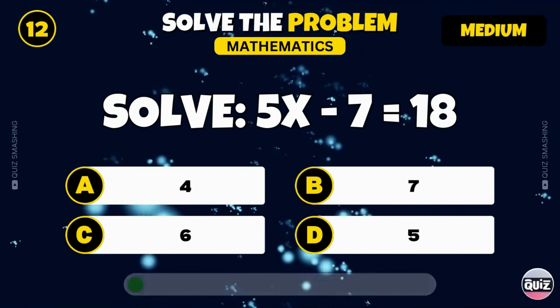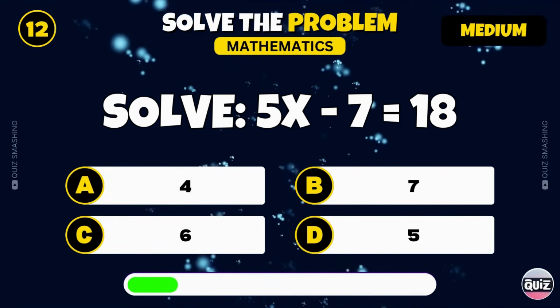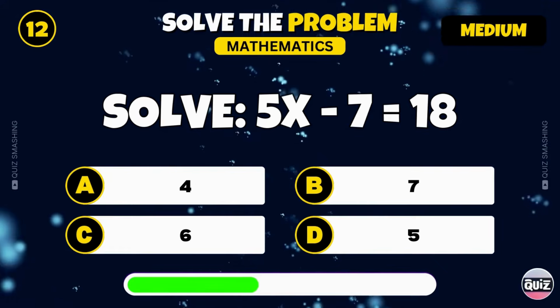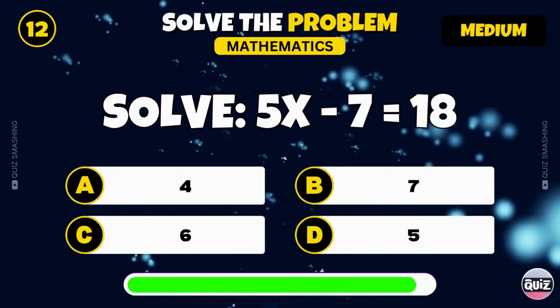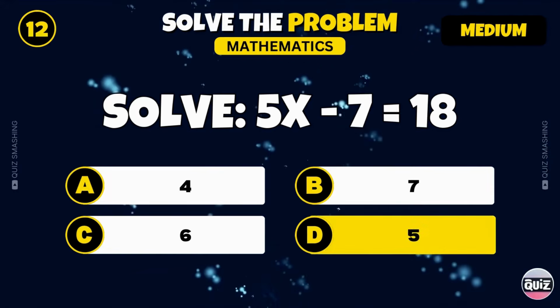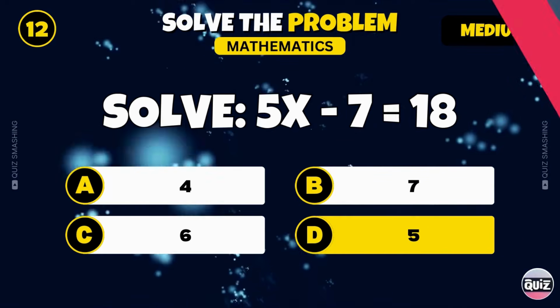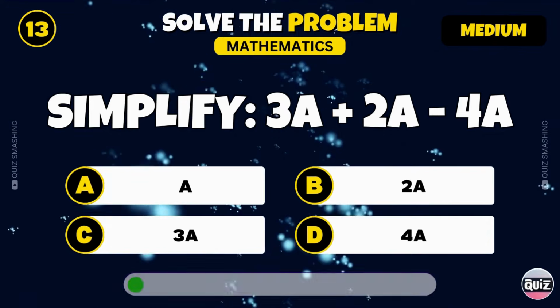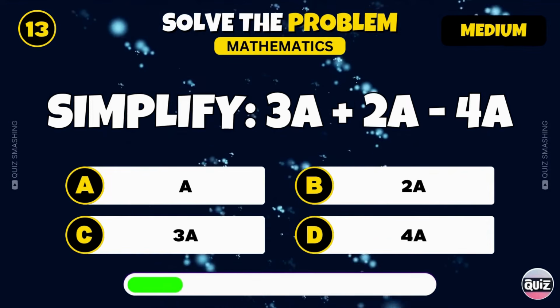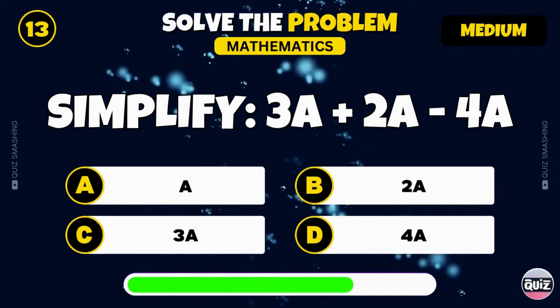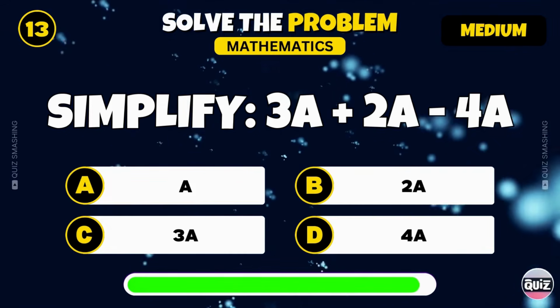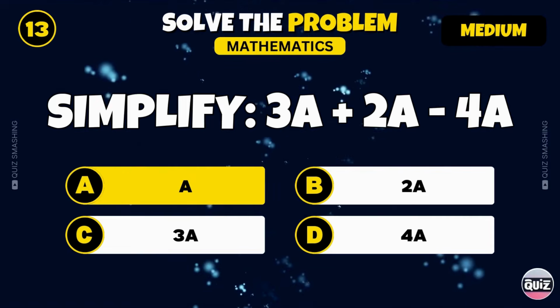Solve 5x minus 7 equals 18. That's right, x equals 5. Simplify 3a plus 2a minus 4a. Nice, the result is just a.